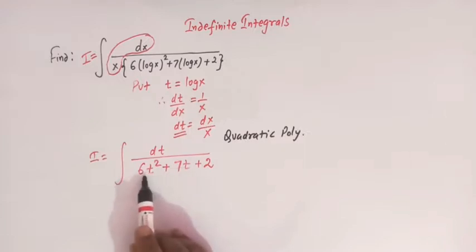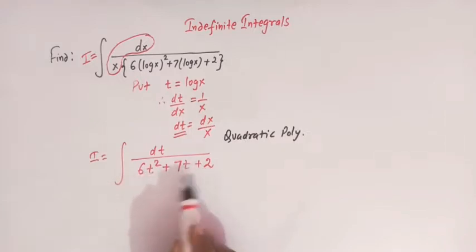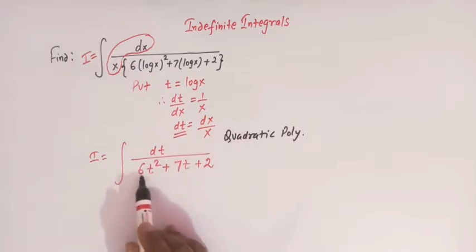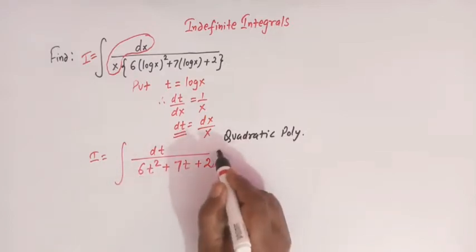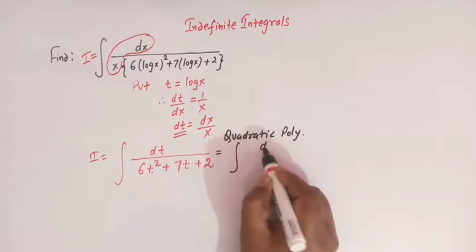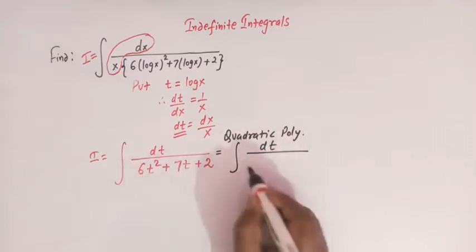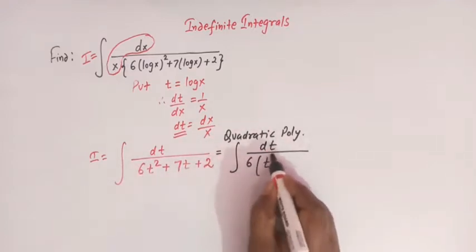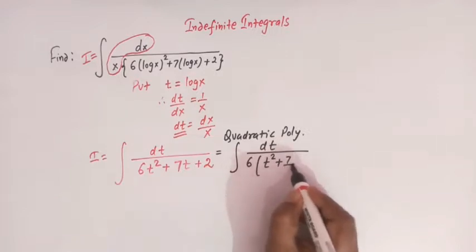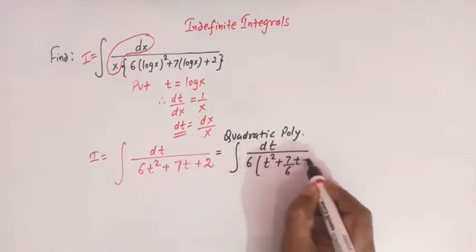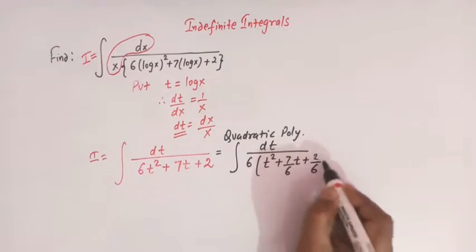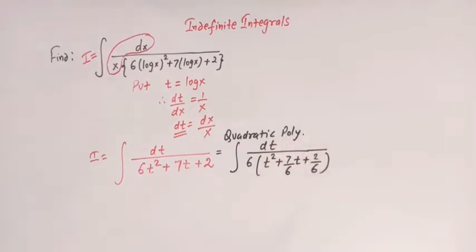We can convert this quadratic polynomial into a perfect square by taking 6 common, so we have 6 times t square plus 7 over 6 t plus 2 over 6.